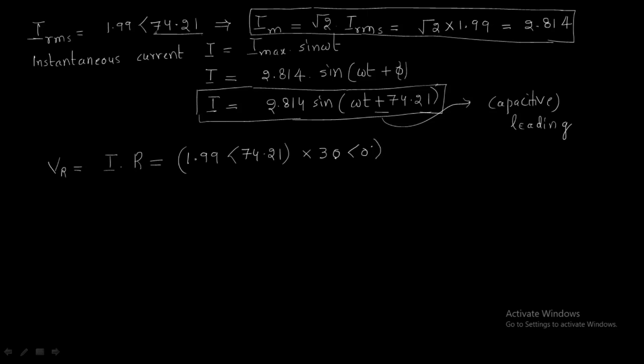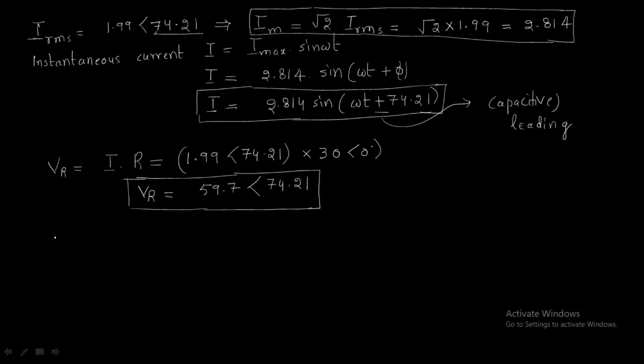By simplifying, the voltage drop across the resistor is 59.7 at an angle of 74.21. This is the voltage drop across the resistor.